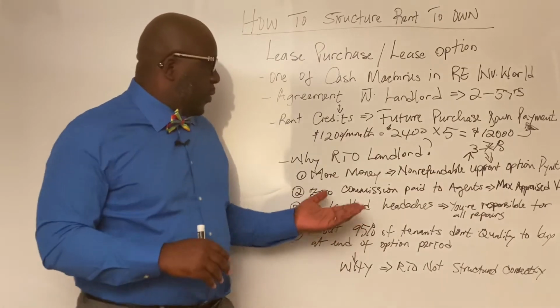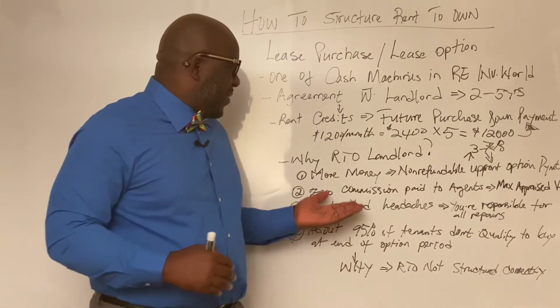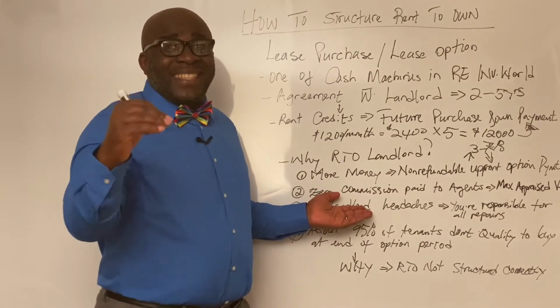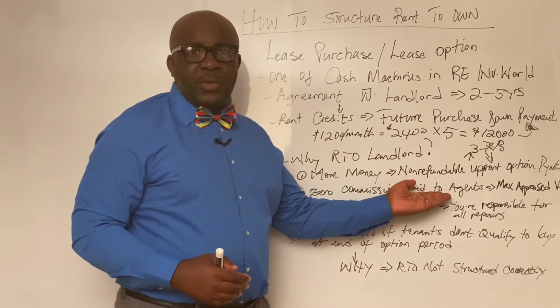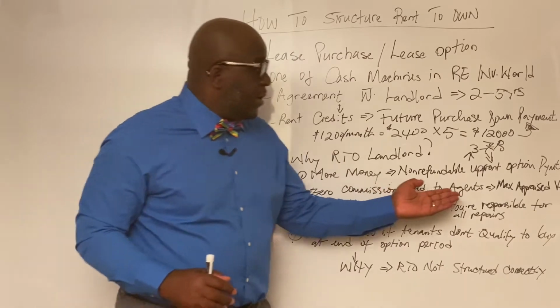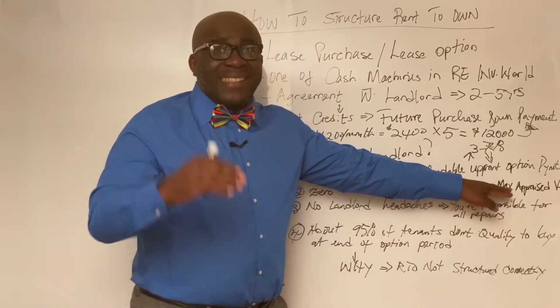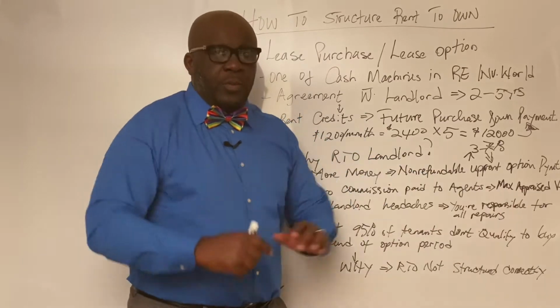Number two, because you're working directly with the landlord, there are no real estate agents involved. So the landlord pays no commissions to agents. Commissions sometimes can be expensive. The landlord can sell the house at the maximum appraised value.